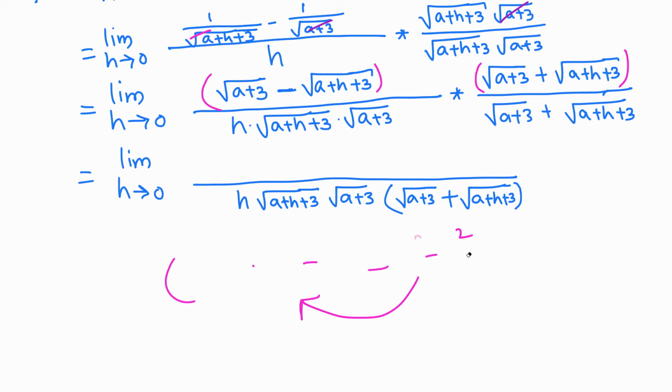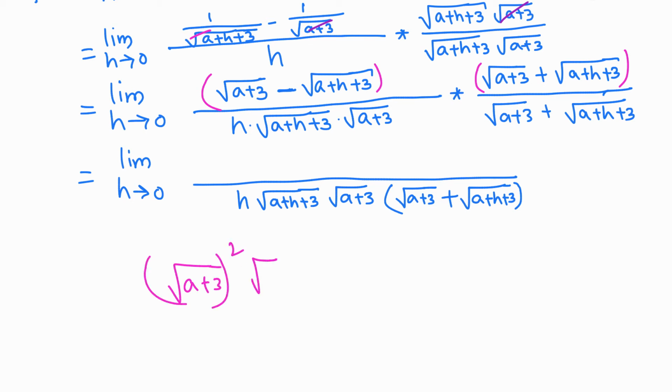So here, I'm going to multiply the top. So this is like u, so u is squared. And by the way, the square root of a plus 3, u, is squared. That means square and squared cancel. Just a plus 3 survives. So root a plus 3 times root a plus 3 is just a plus 3, minus, okay, then we have to be careful. We need to put parentheses around.